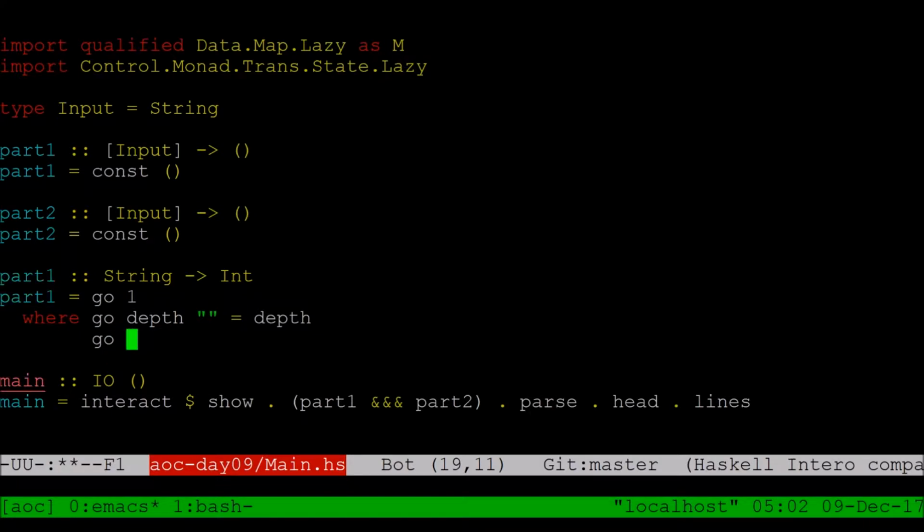Let's see. So when we're done parsing, we can just return the depth of the thing.